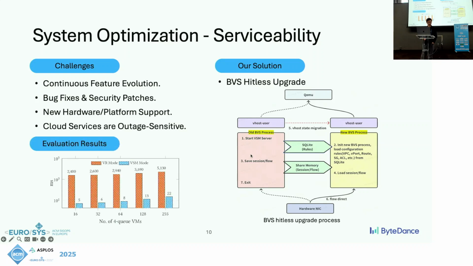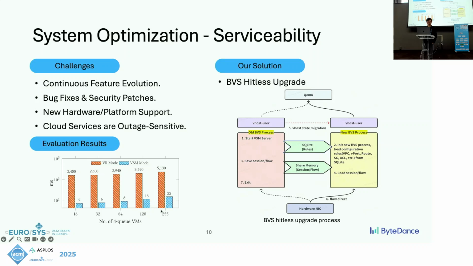With that, we are able to get the upgrade downtime down to 22 milliseconds, even with 255 VMs. This is a pretty large number. So with that, we can continue to do software upgrades.